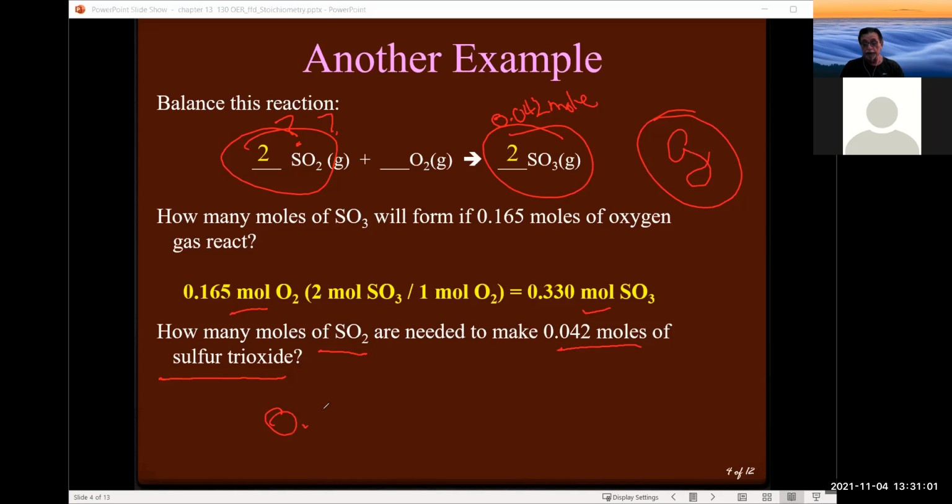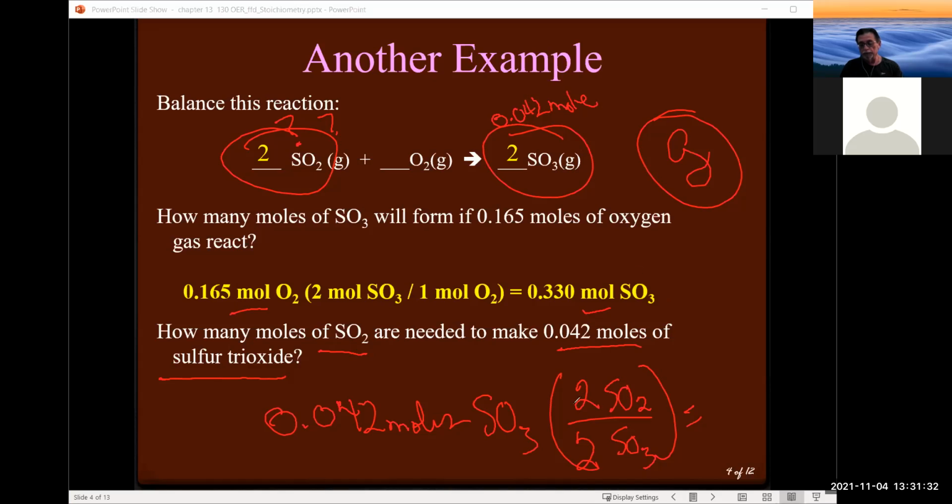So we write down what we're given: 0.042 moles sulfur trioxide. We have a conversion factor, obviously, because we're looking for sulfur dioxide in the numerator and sulfur trioxide in the denominator. Okay, we go to the balanced chemical equation. We got 2, it's a 2-to-2 ratio, and obviously it is a 1-to-1 because 2/2 cancels.